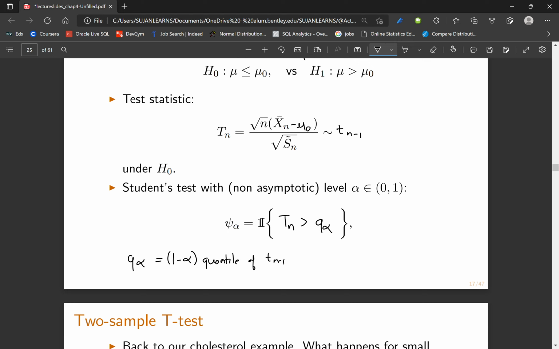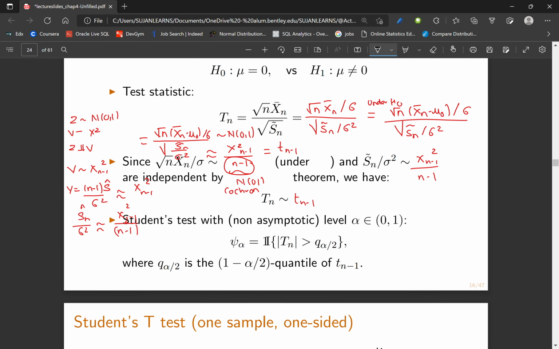Now, what we can say is that we have derived the Student distribution in two ways. First, we use manipulation to derive the Student distribution.